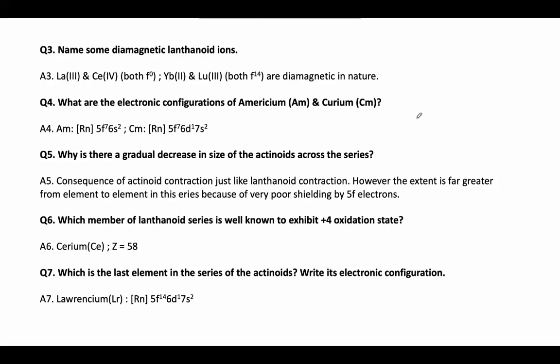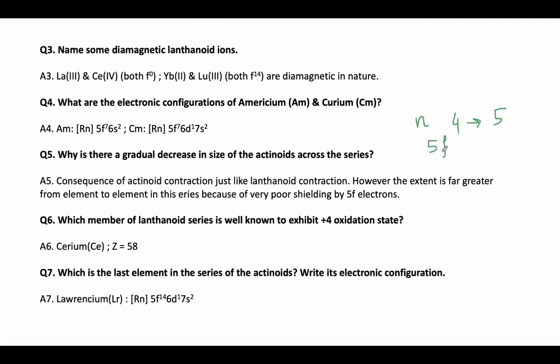As the principal quantum number n increases from 4 to 5, the distance from the nuclear charge, the nucleus, also increases. That's why they act as very poor shielding. So 5f electrons have much less shielding power than the 4f electrons.